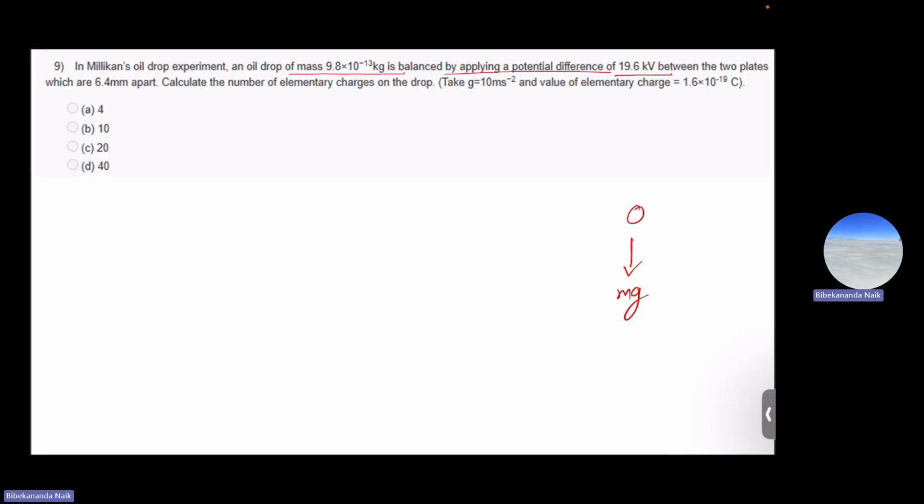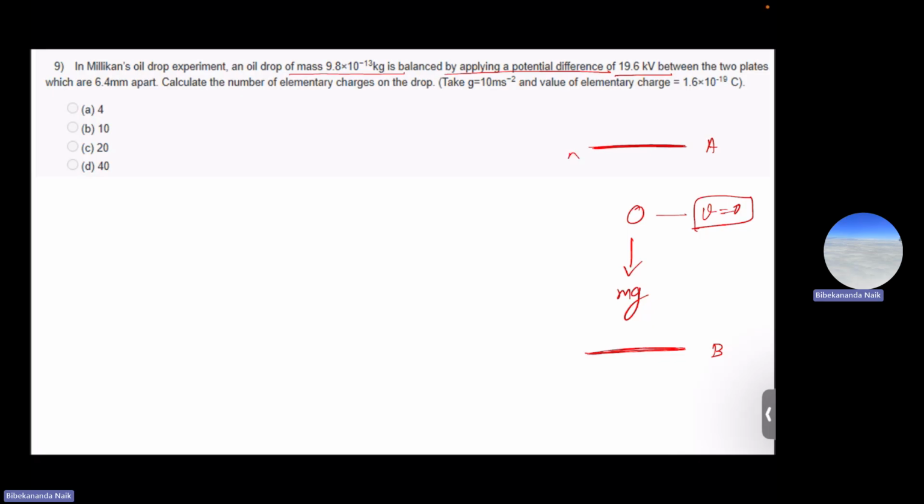So it is balanced by a potential difference of 19.6 kilovolt. Suppose it is balanced by a potential difference between two plates. Suppose these are the two plates, this is plate A, this is plate B. Now this is balanced. That means its velocity is zero. It is not changing. It is not moving. So it is getting balanced by another force, and that force is due to the potential difference applied between the two plates.